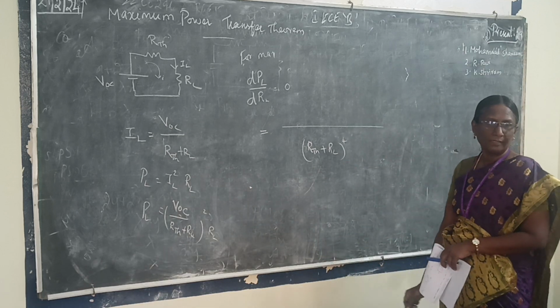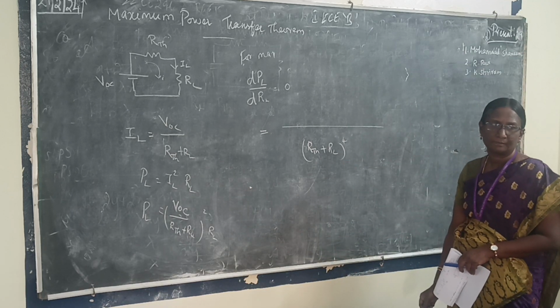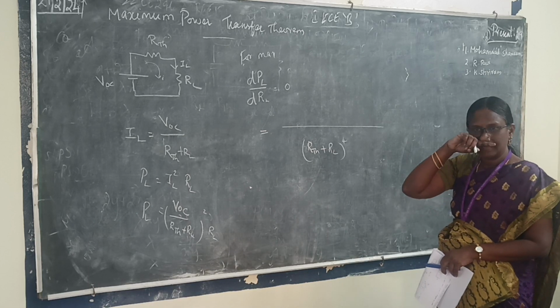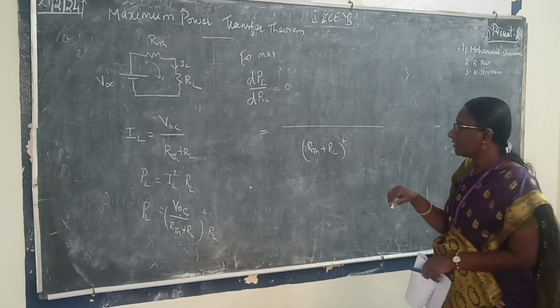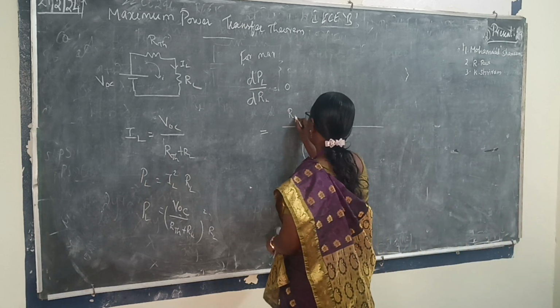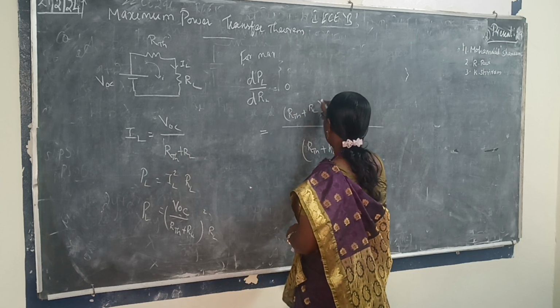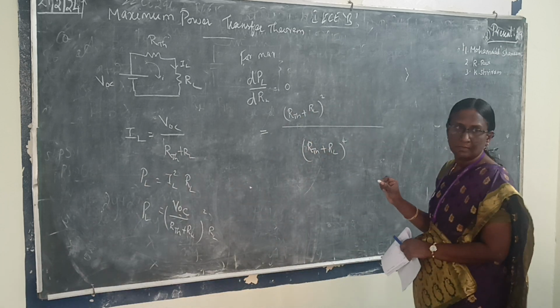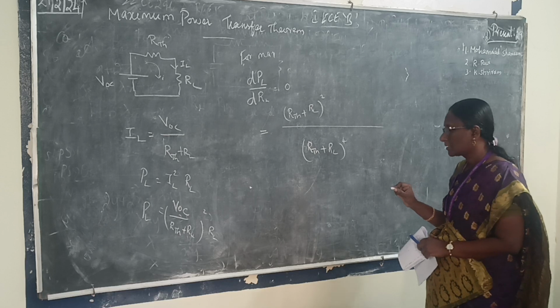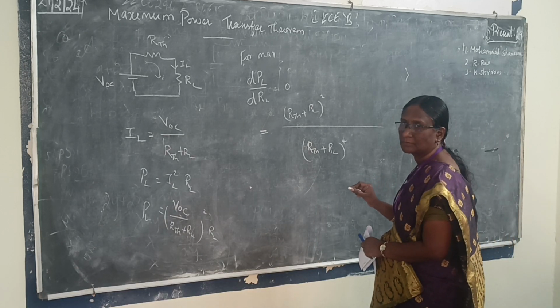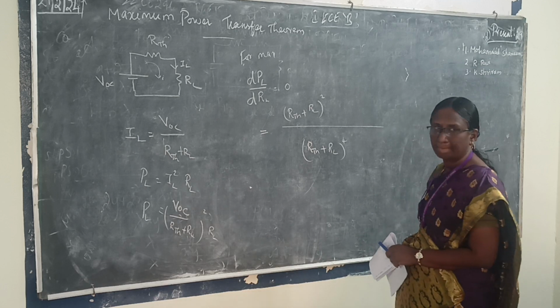Then in the numerator, VOC squared into RL, into (RTH plus RL) whole squared, minus, into 0 into VOC.